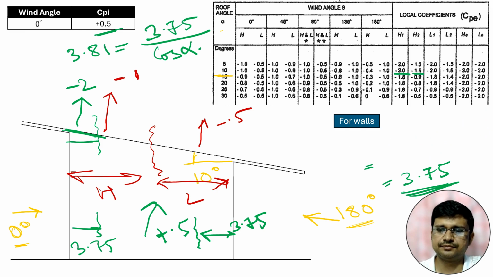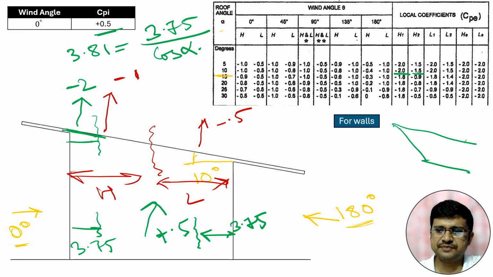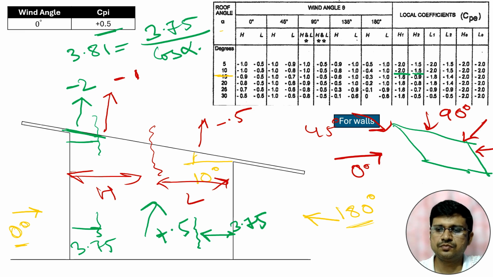If this is the roof, then this angle is 0 degree, this is 45 degree, this is 90 degree, then 135 and 180 degree. Our code says that up to W it will be H1, and after that it will be H2.